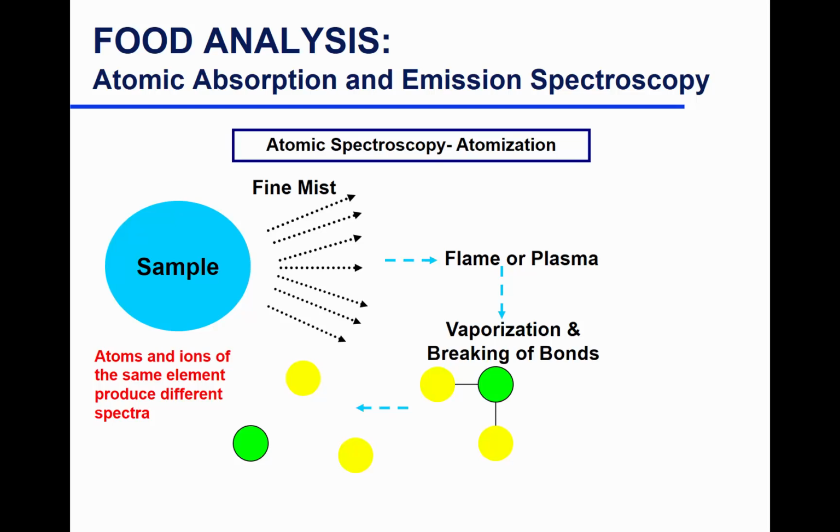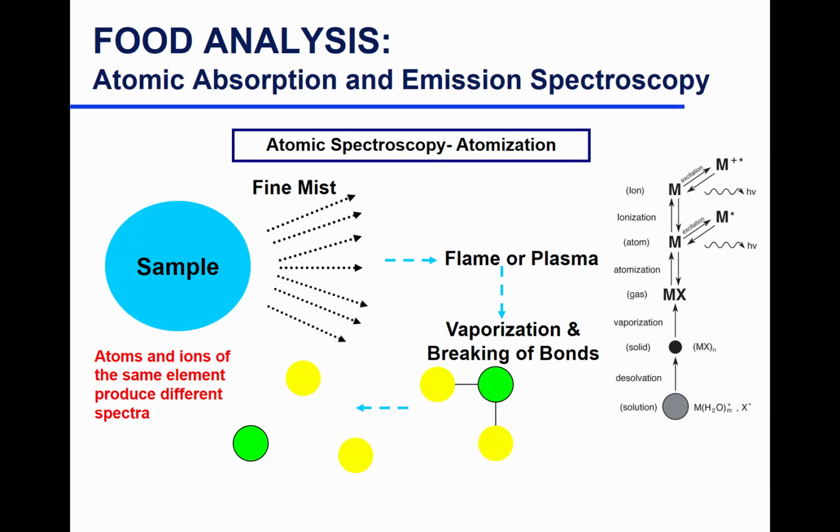Then we have vaporization of your solvent and breaking of bonds to give you the singular atoms in the gaseous state. So it's very important that your atoms are in neutral atom form and no ionization occurs.